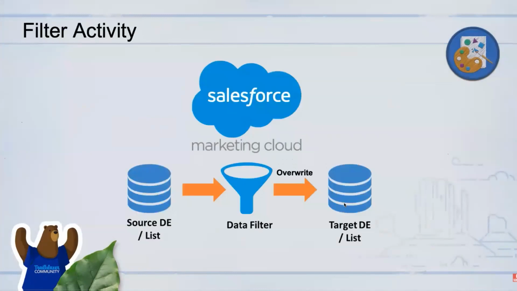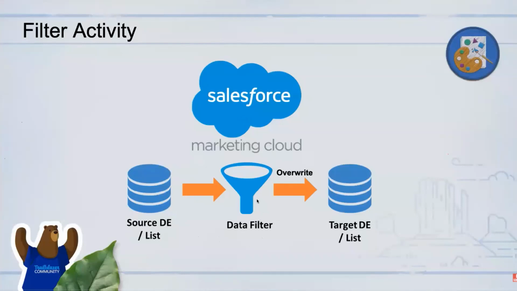Now, filter activity. As the name suggests, it's used to filter data from a data extension or a list into a target data extension or a list based on some data filter, based on some criteria.